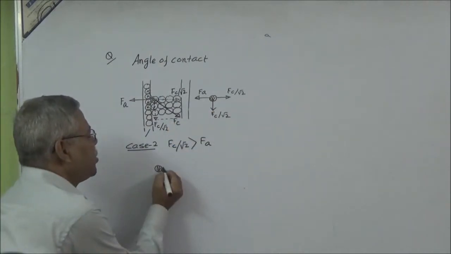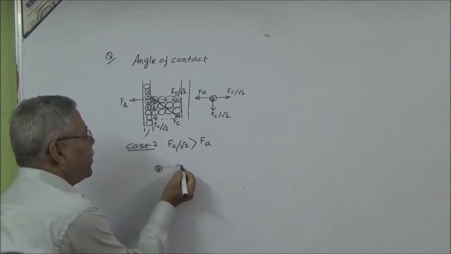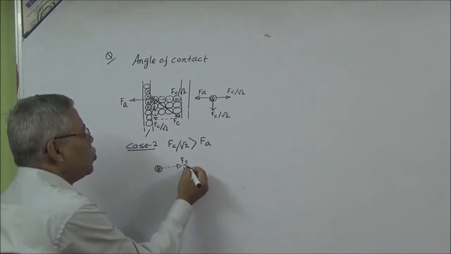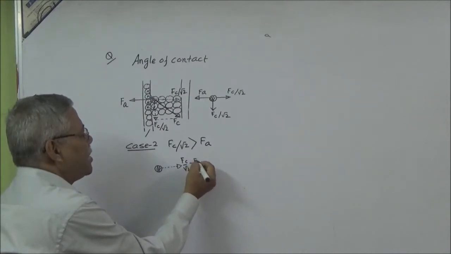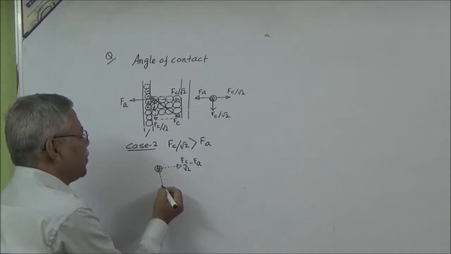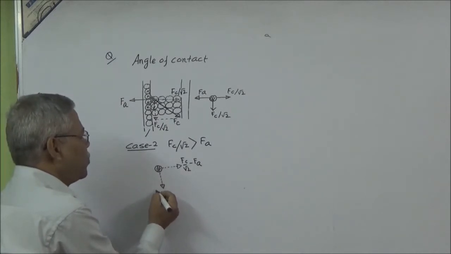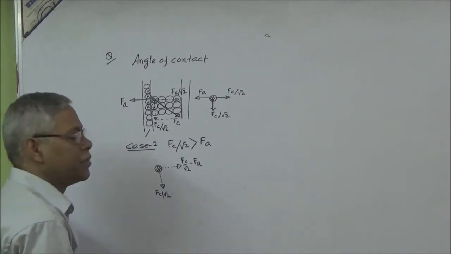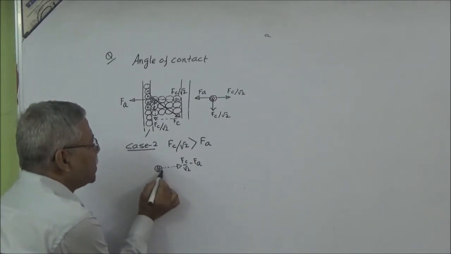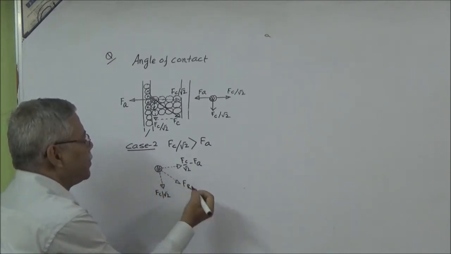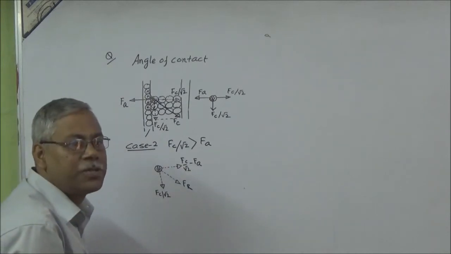So in this direction, there is a net force, Fc by root 2 minus Fa. In this direction, there is another force, Fc by root 2. So this is the resultant force.